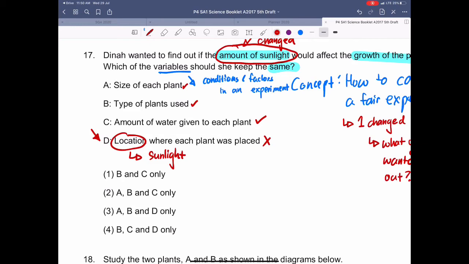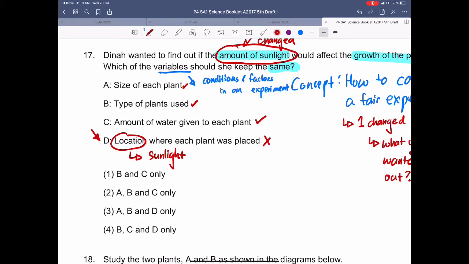So in the open garden, the temperature could be higher because of the sun. The sun doesn't just provide more light, it also provides more heat. So in that case, is it a fair test? No, correct. Because in this case you definitely want only one thing to be different.